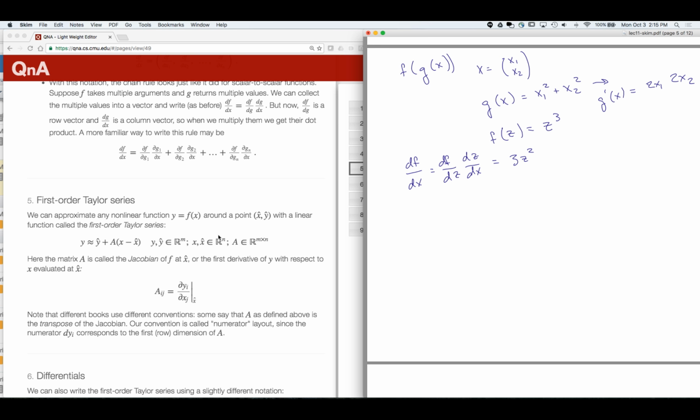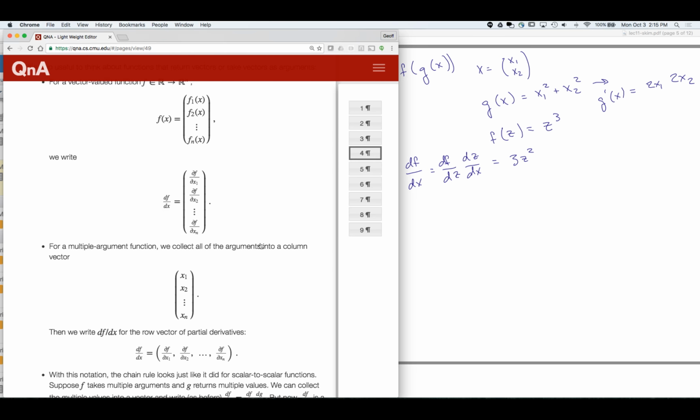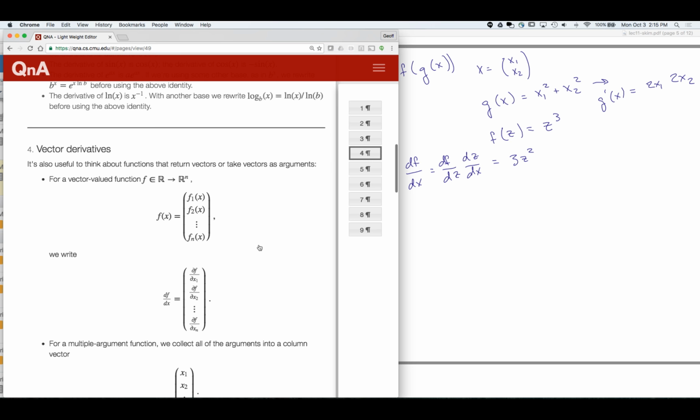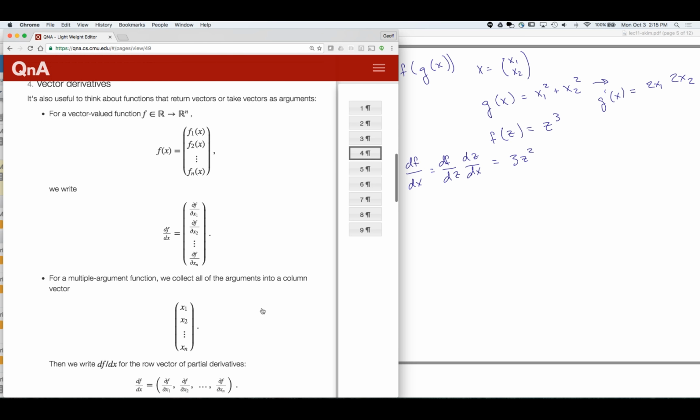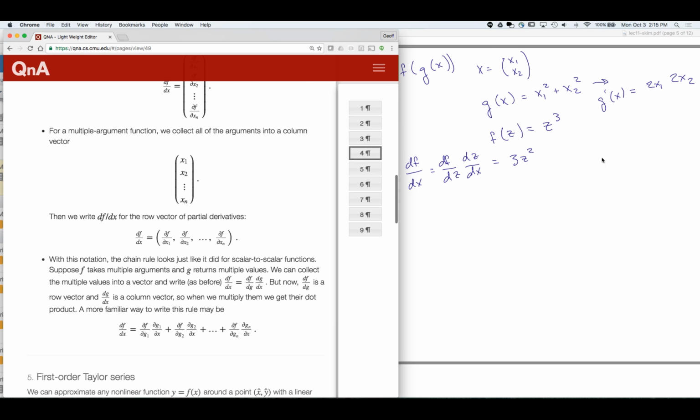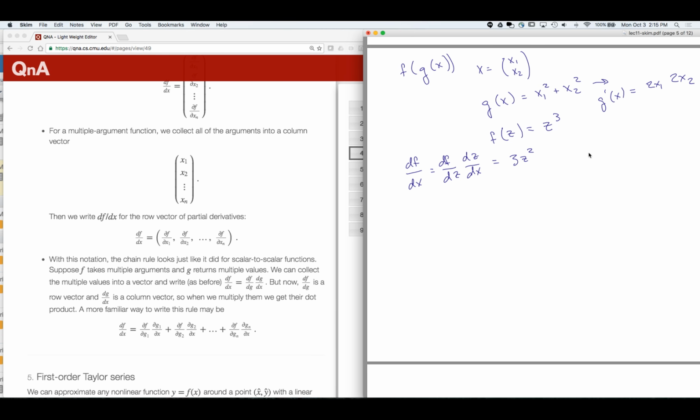All right, make sure I got that. Yeah. And so when we do this, it's going to be 3z squared times the vector 2x1, 2x2, and z is x1 squared plus x2 squared, 2x1, 2x2.